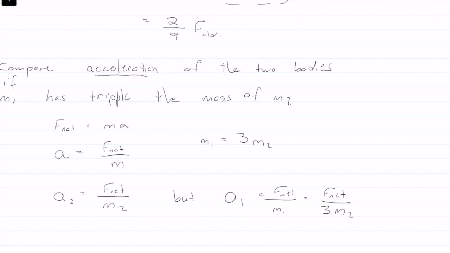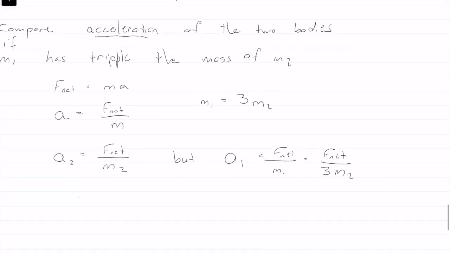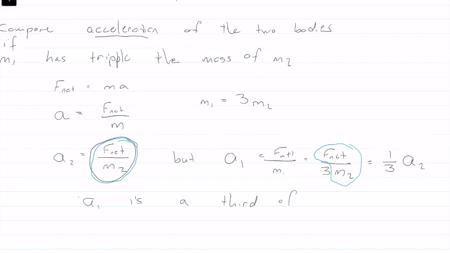Comparing these two, we can find F net divided by m2 right here. So this can be written as 1 over 3 times the acceleration of 2. So the acceleration of 1 is a third of the acceleration of planet 2, or mass 2.